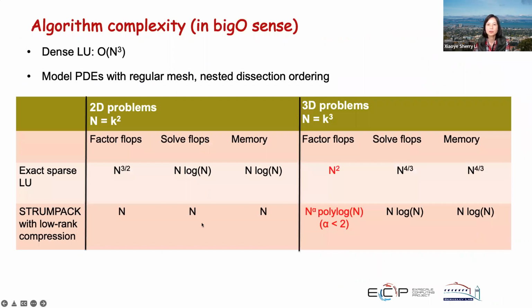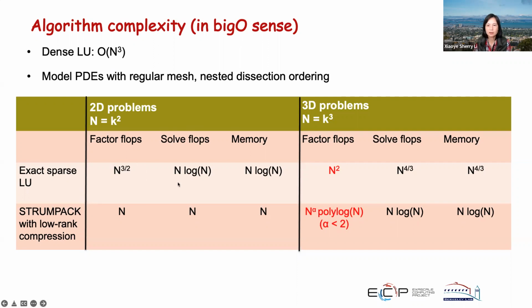All right, so I'll summarize the algorithm complexity. It's difficult for sparse matrices, say a social network graph, to do any closed-form analysis. But for our analysis, we can use a PDE with a regular mesh, which can be 2D or 3D. In the dense case, we all know that the operation count is n cubed.